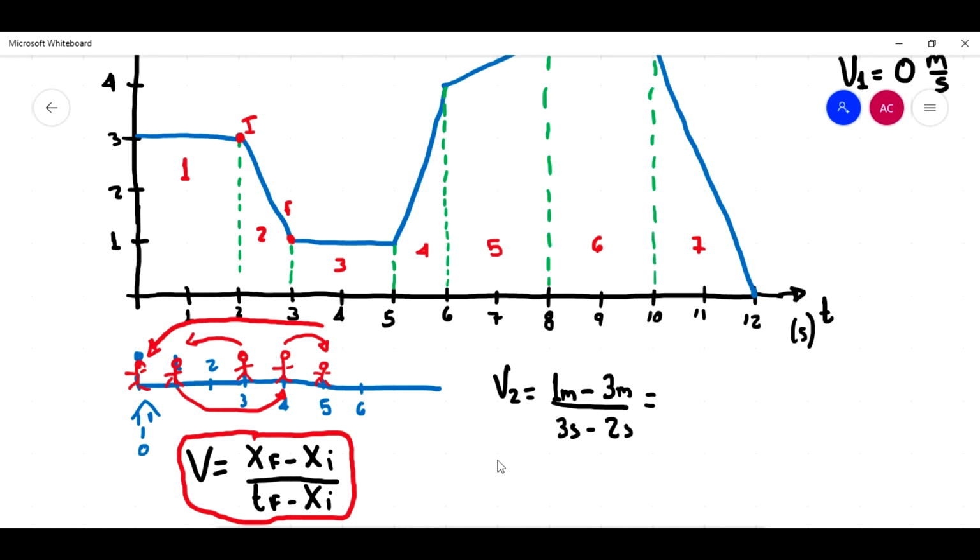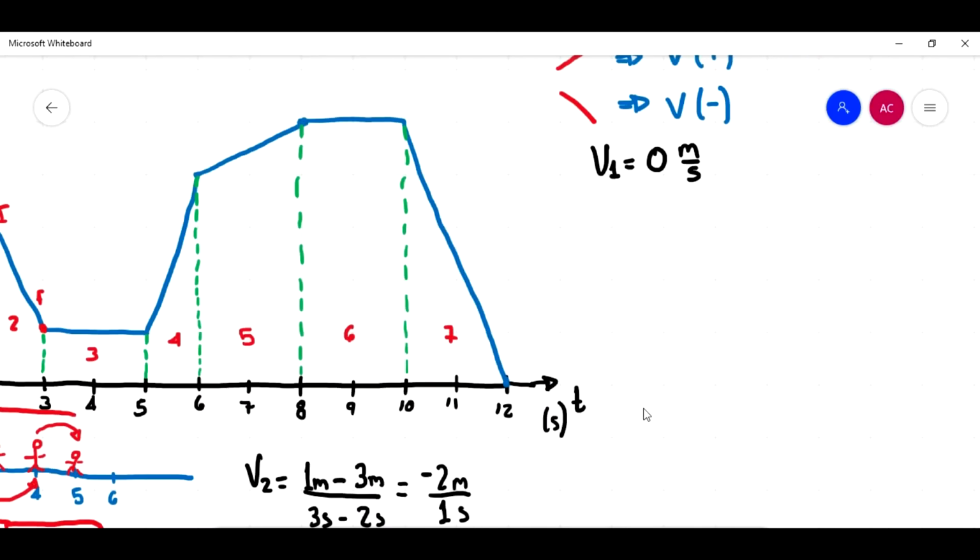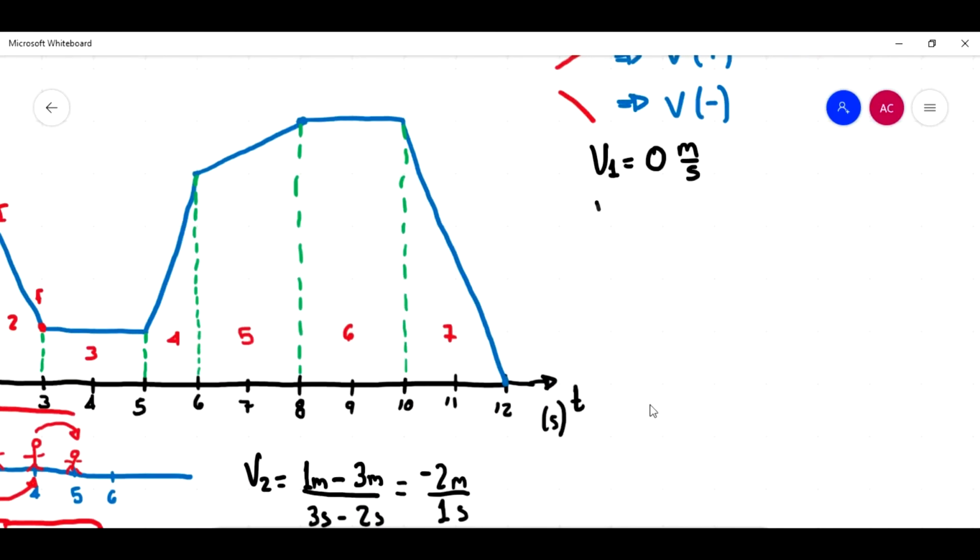So it will be 1 minus 3 is minus 2 meters over 1 second. That is the velocity of segment number 2: minus 2 meters per second.